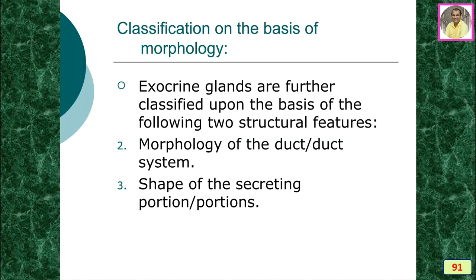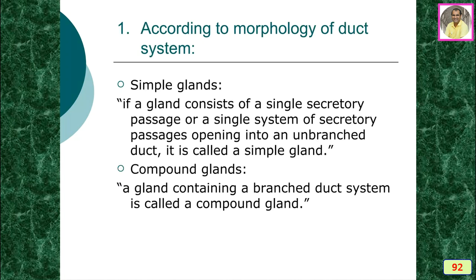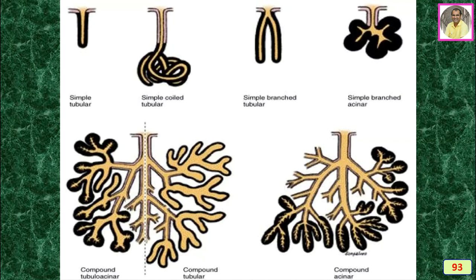The classification of exocrine glands is made in several types, but there is no single classification that can be taken up into research.